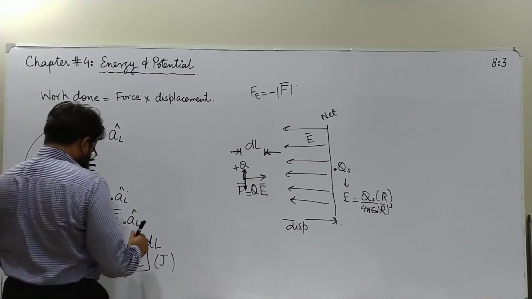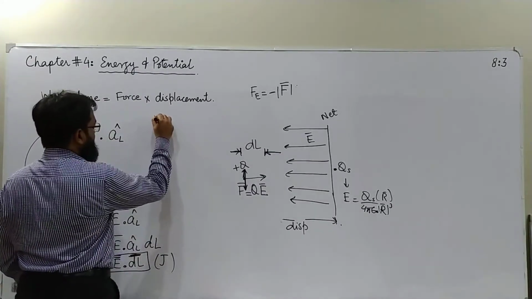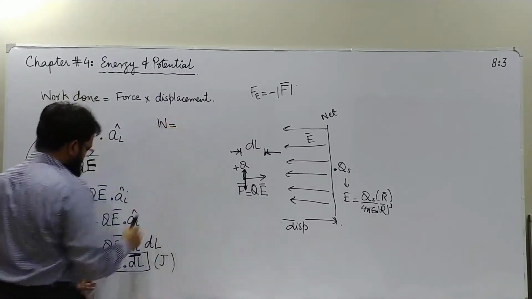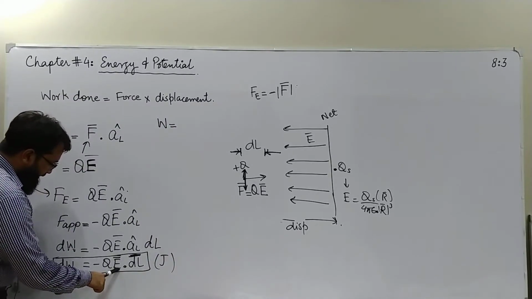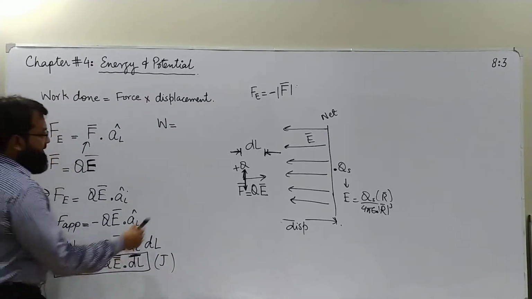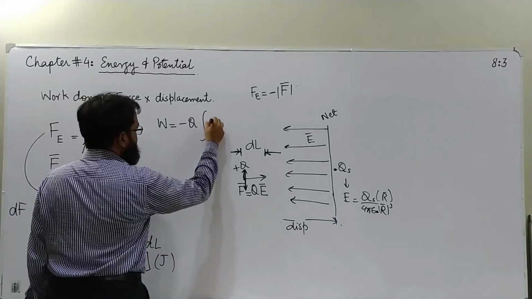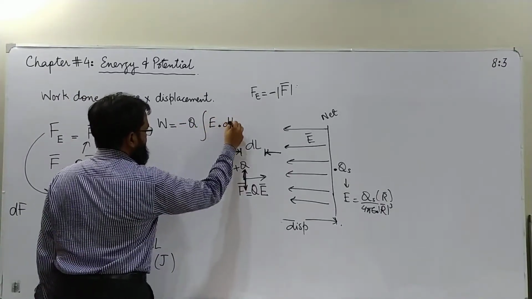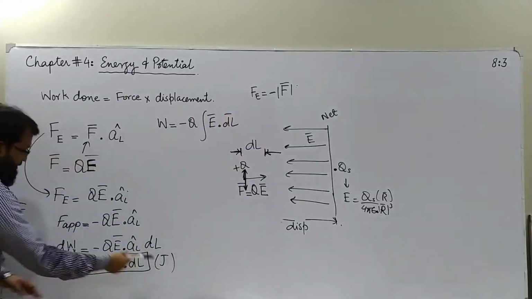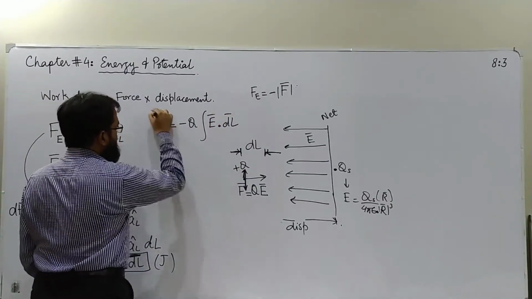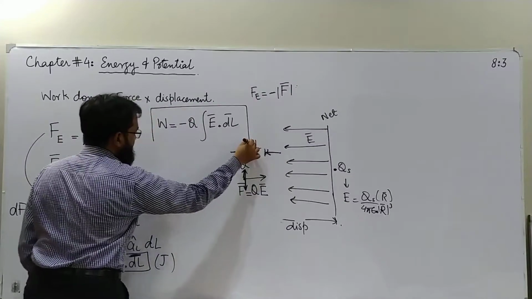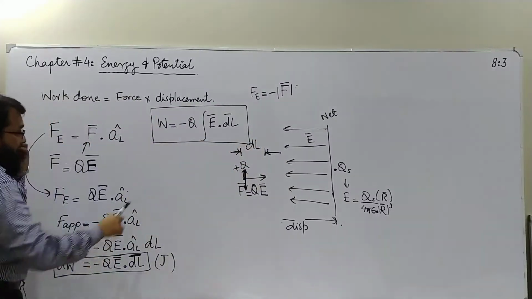So how about the total work done in moving this charge in this field some macroscopic distance? Definitely mathematically you would say that just integrate it, integrate this equation, you will get this. Okay, why did I take Q out?